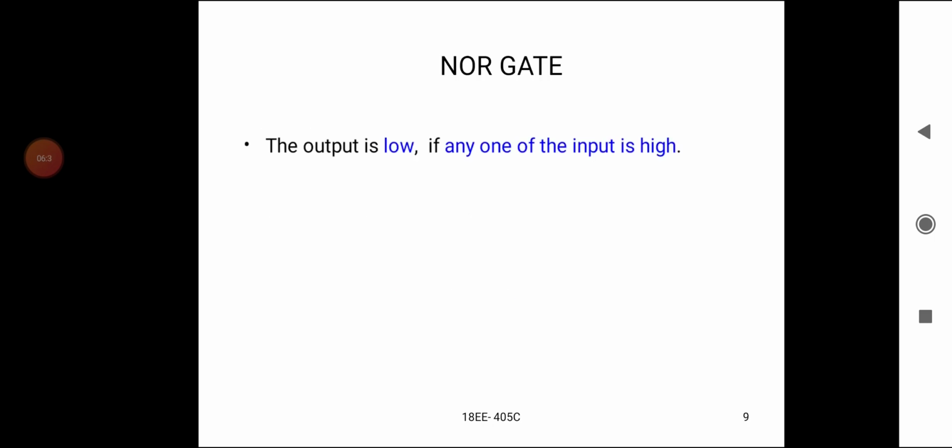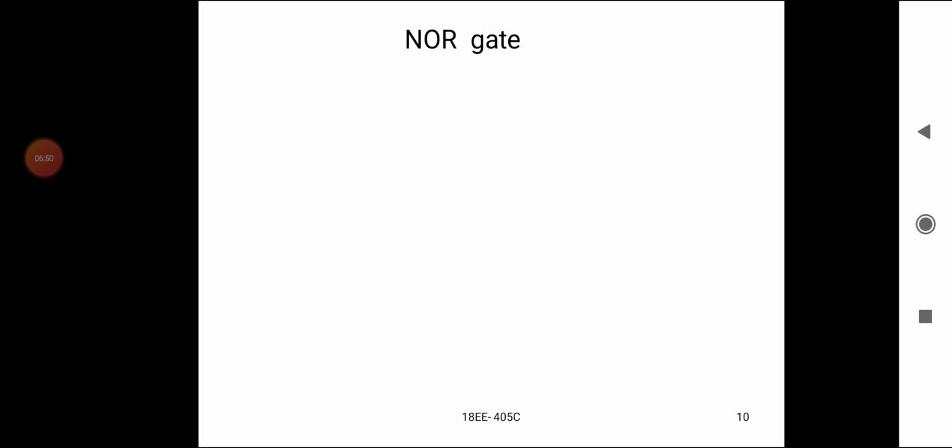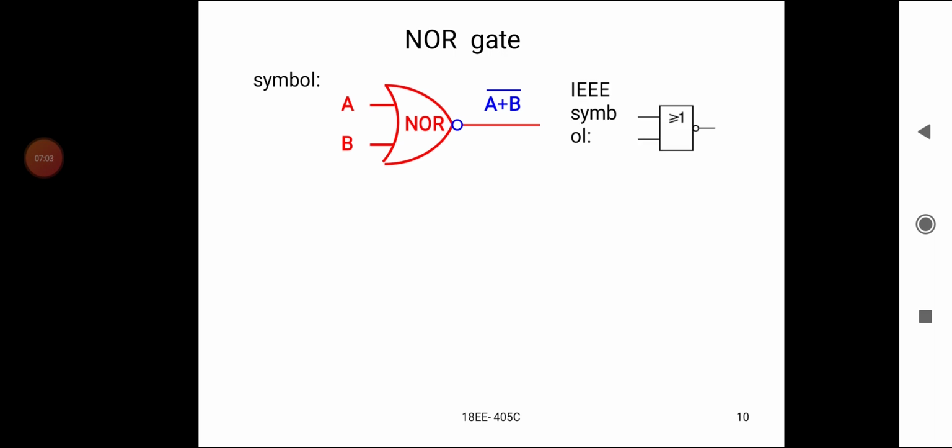For the NOR gate, the output is low if any one of the inputs is high. The output is high only when all inputs are low. The 2 input NOR gate gives output A plus B, whole complement.